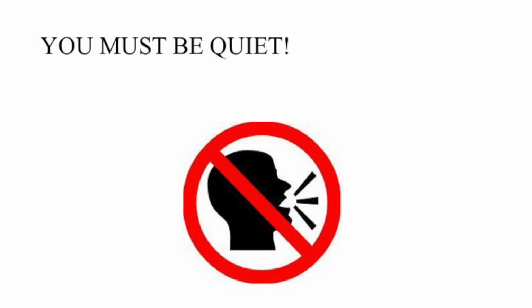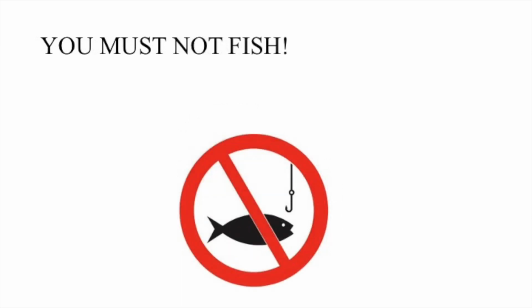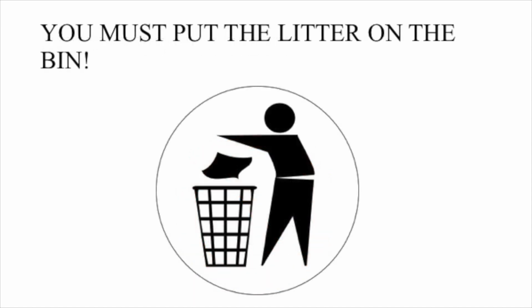First one, you must be quiet. You must talk. You must not fish. You must put the litter on the bin, or in the bin, depending on the type of bin.